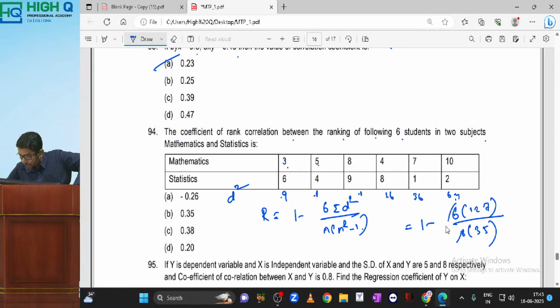No, my bad, some mistake. What is summation d square? The rank only is given, right? Rank only given. 9 plus 1, 10, 11.